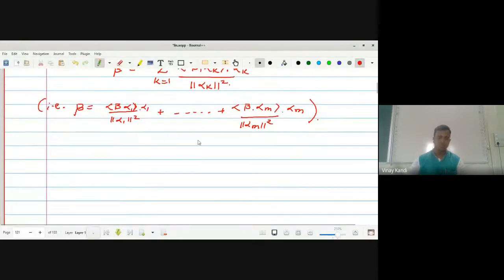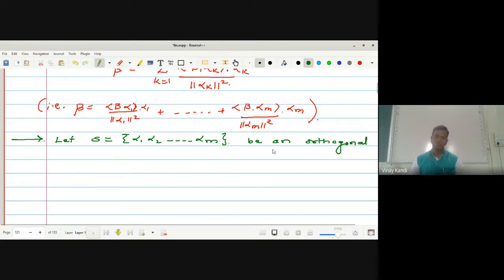Okay, now proof. Let S, the set alpha 1, alpha 2 up to so on alpha m, be an orthogonal set.